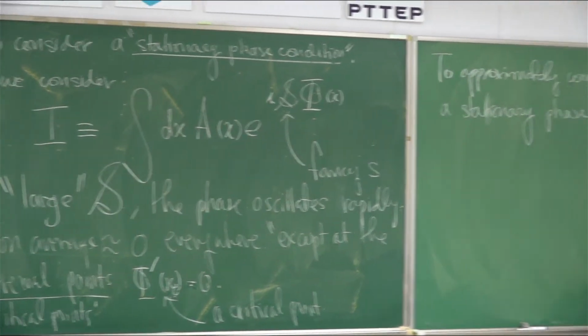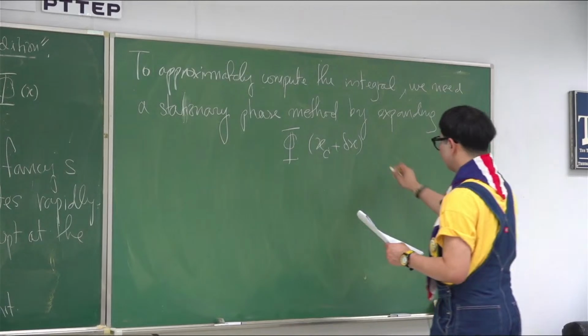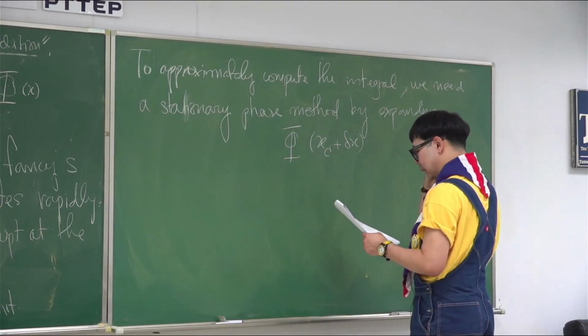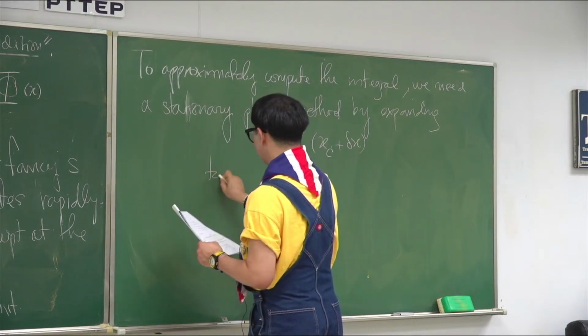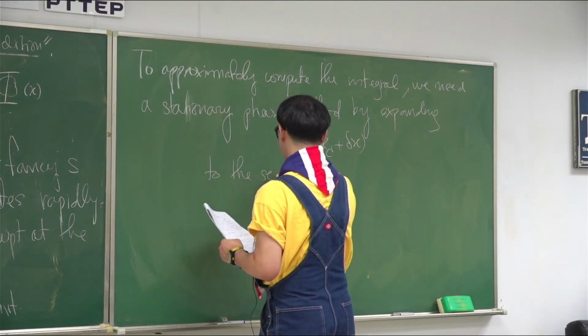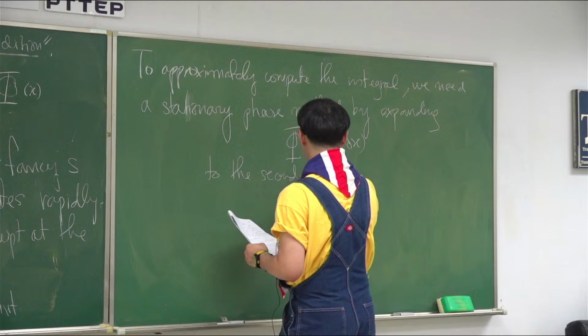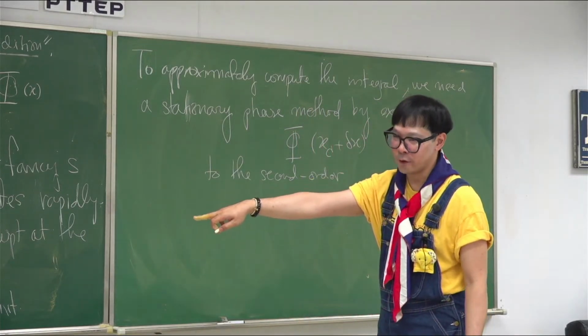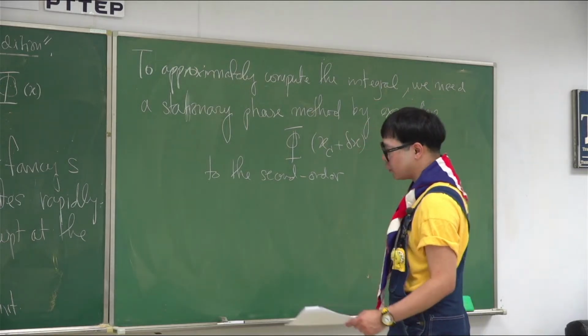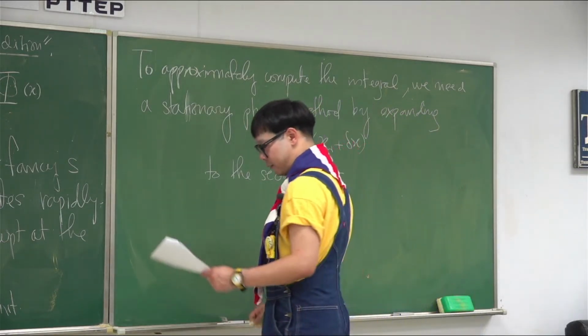So if you do this, you expand phi to the second order, right? Because the first order you get 0, right? You need to consider up to the second order, right?